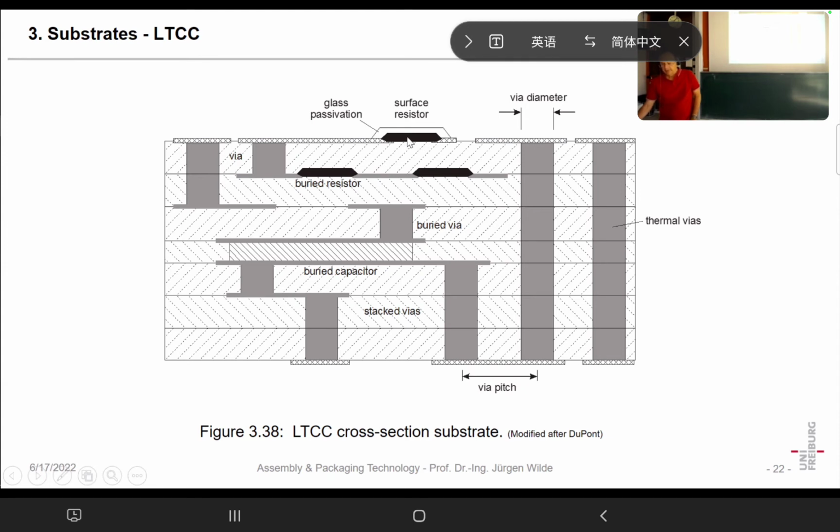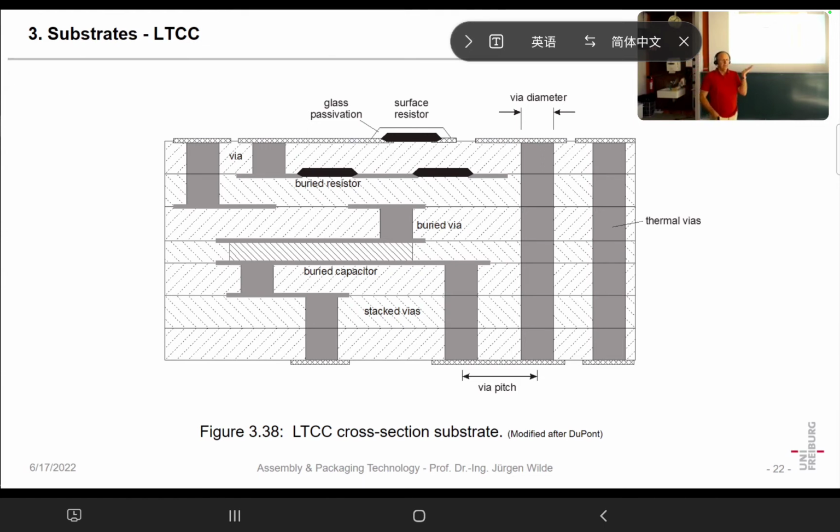In the end, I would say the relevant technology is surface resistor, and of course that surface resistor again has a low temperature glass passivation in order to protect it. So that's the main features, but here we see, contrary to thick film technology, we have vias which must be produced separately.